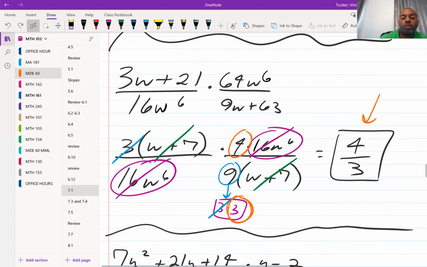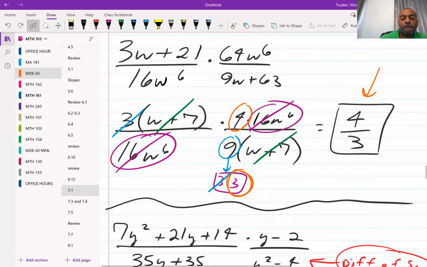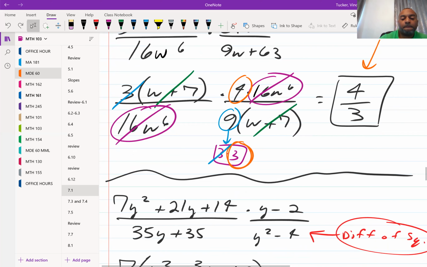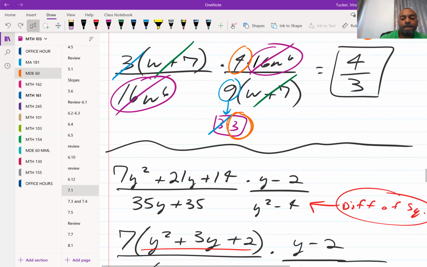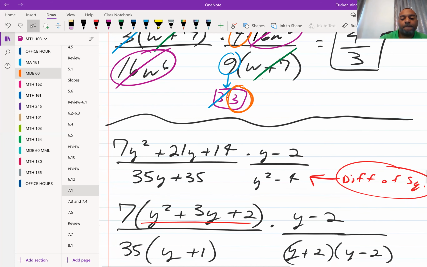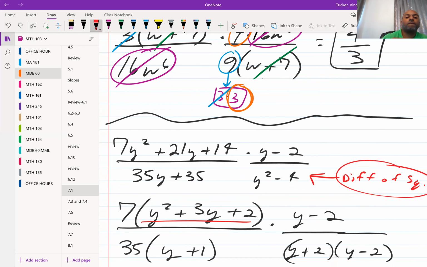All right, any problems? So we have (7y squared + 21y + 14) over (35y + 35) times (y - 2) over (y squared - 4).